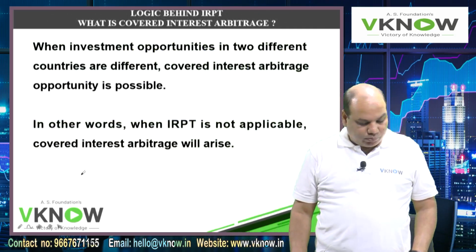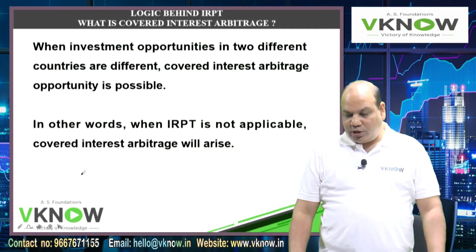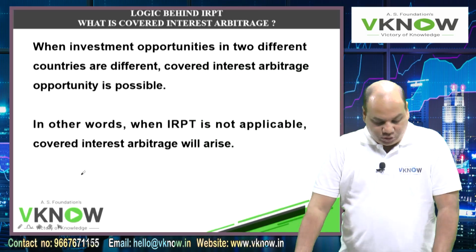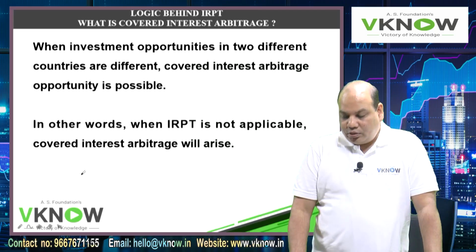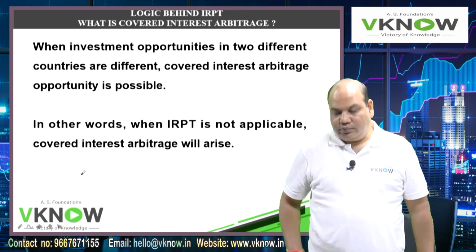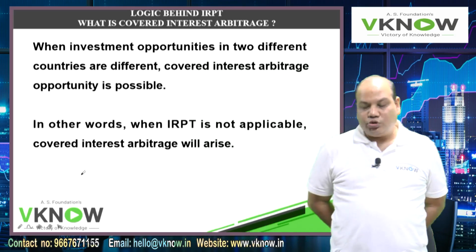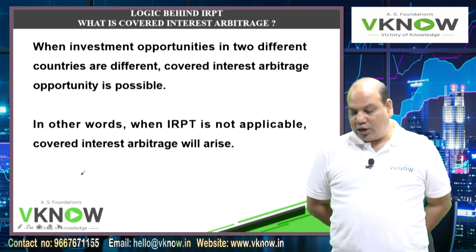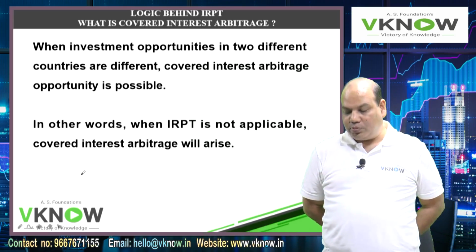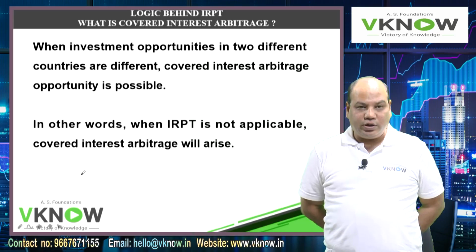Next paragraph, point number 3: logic behind IRPT, that is called covered interest arbitrage. When investment opportunities in two countries are different, covered interest arbitrage opportunity is possible. What does that mean?